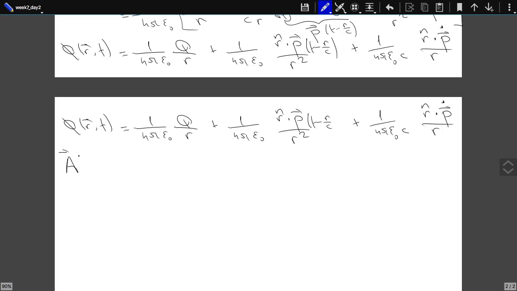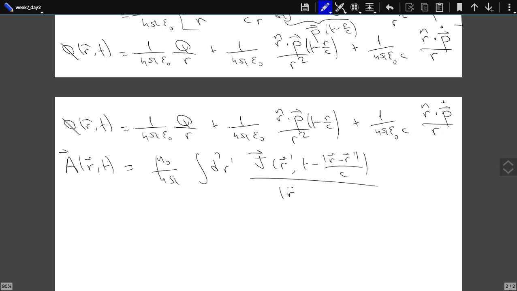The vector potential is basically mu0 over 4 pi, integral d cubed r prime, j of r prime at t minus |r minus r prime| over c, divided by |r minus r prime|.